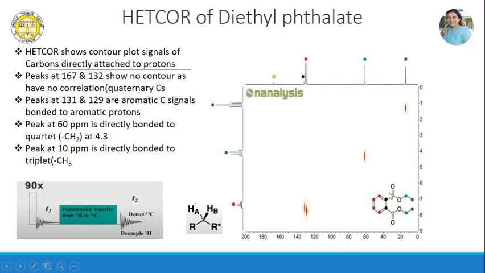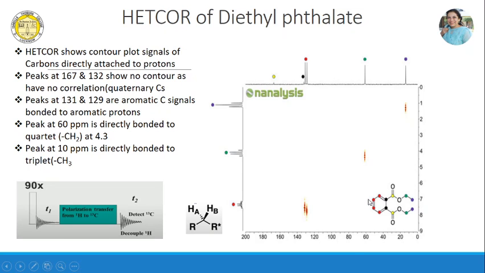The bond here will be in conjugation with the C double bond O, and because of conjugation it will get a positive charge. If it is getting a positive charge, that means it is de-shielded. So this carbon will appear at 131 while this carbon will appear at 129.